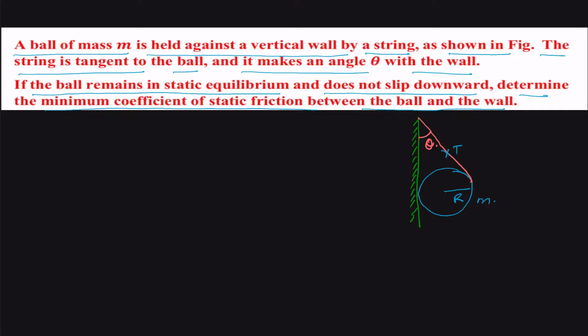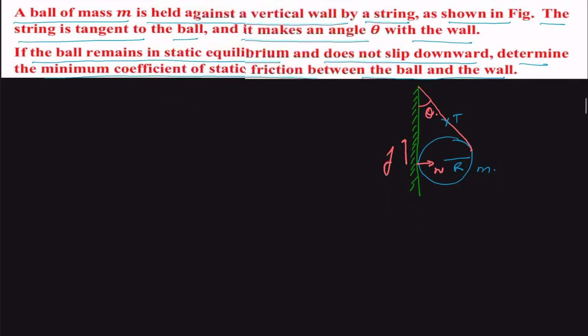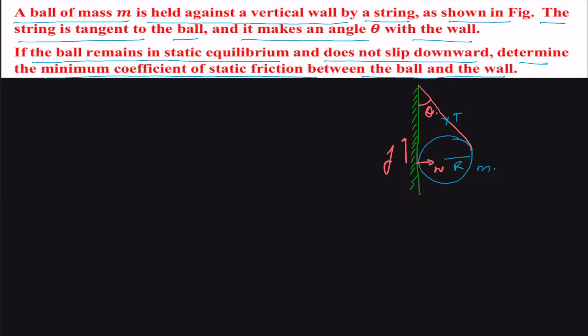One force will be the normal at the point of contact, and the other one will be the frictional force, let us suppose given as F. We are given that everything should be in equilibrium, so we can draw the forces and make them in equilibrium.